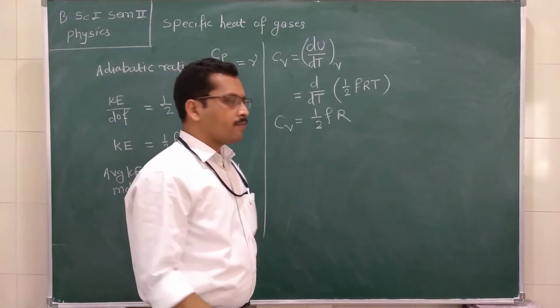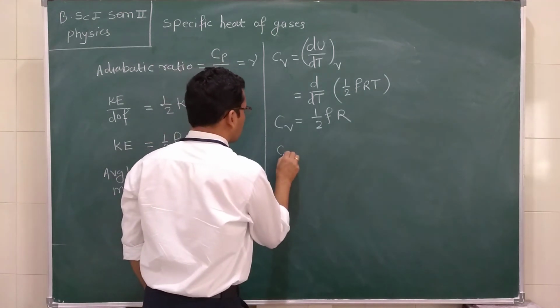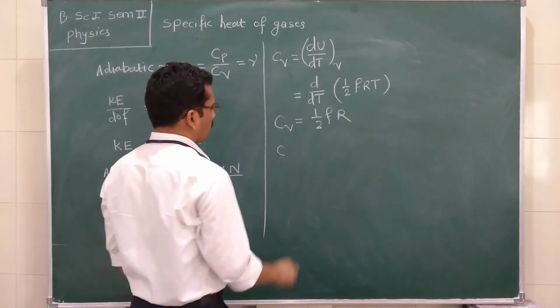Now from this Cv we can find out the value of Cp, the molar specific heat at constant pressure.